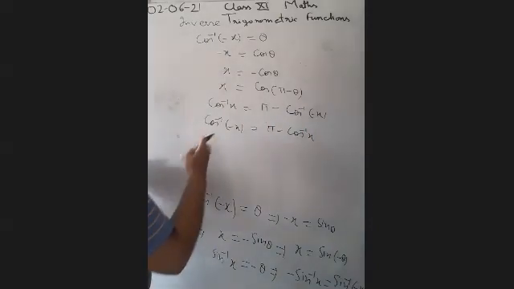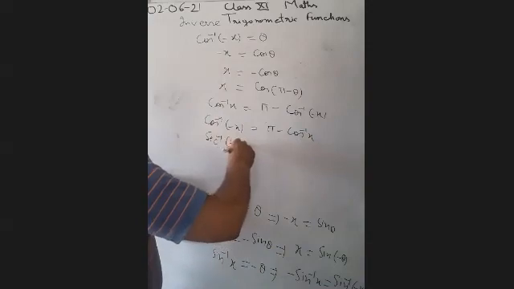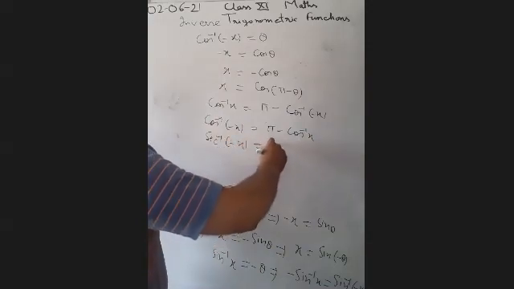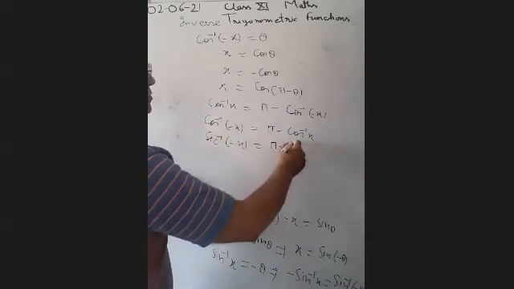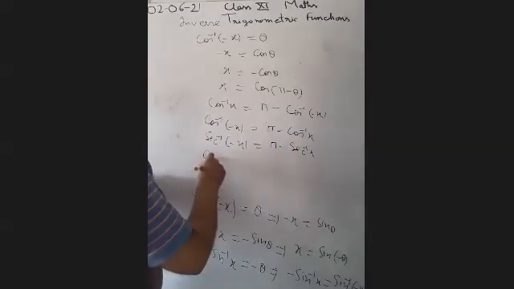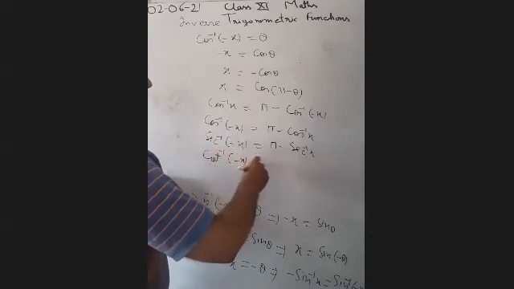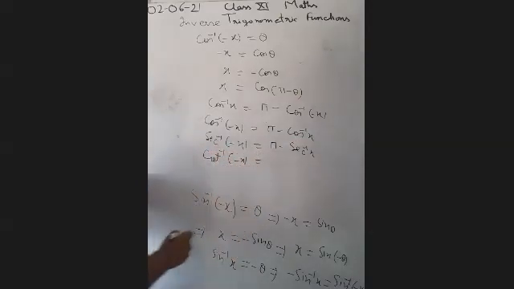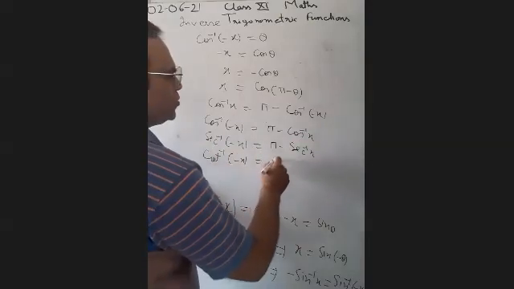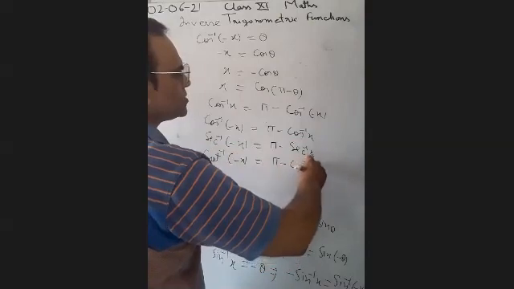Similarly, if you have sec inverse minus x, then you have to again use this formula: pi minus sec inverse x. Similarly for cot inverse also, because of the domain we are taking, we use pi minus cot inverse x.